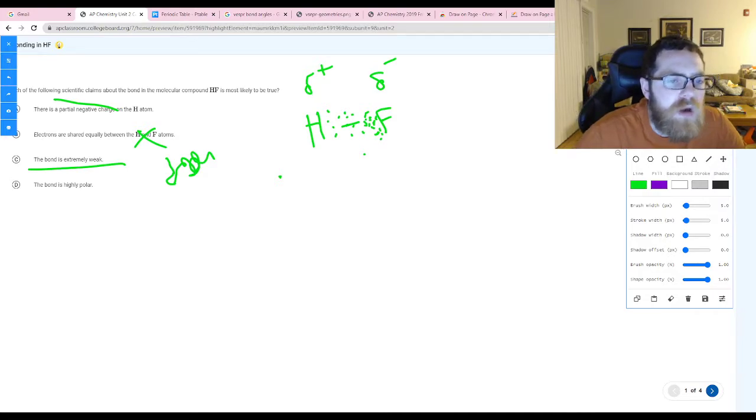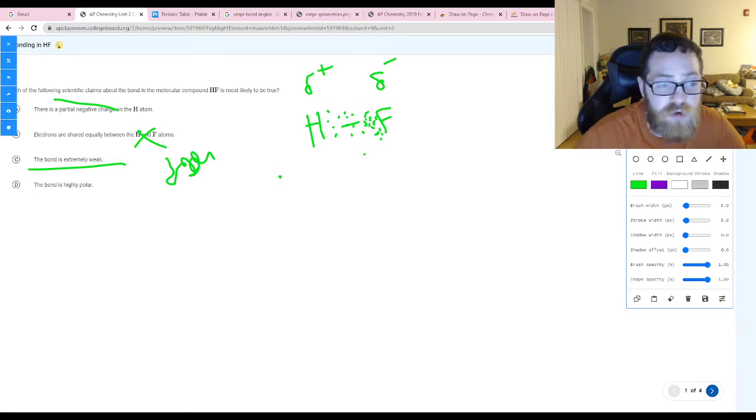We don't know which of the following scientific claims about the bond in the molecular compound HF is most likely to be true. We don't have any knowledge of that without measurement. And so this one just kind of is not the most likely to be true.